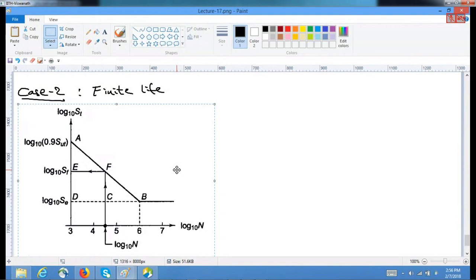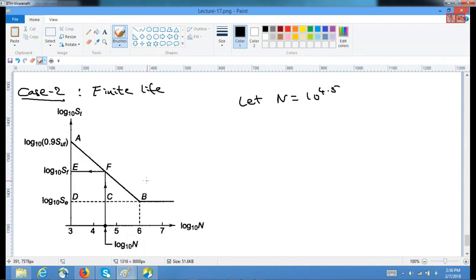So let us say that we want to design this component for n cycles. Let this n be something like log n. I am writing in terms of log scale just because my plot is in log scale.